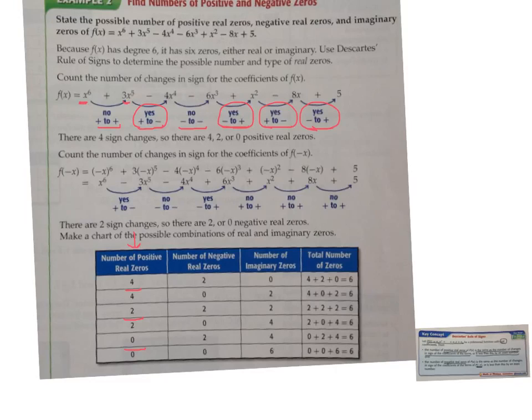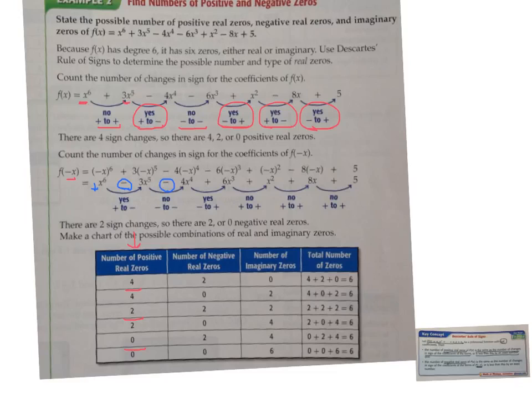Now, what about when we put in negative x? When we put in negative x, then we are looking for sign changes. We plug in negative x to the 6th, it becomes positive. We put in negative x to the 5th, this becomes negative. This 3 would be negative. We plug in a negative x here, it still stays negative.